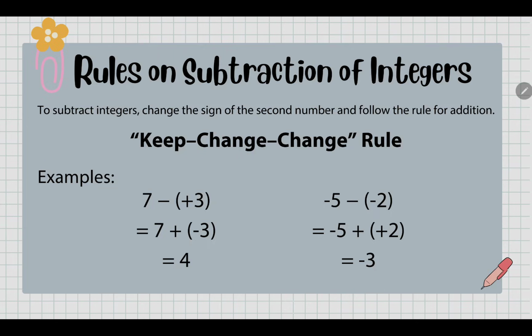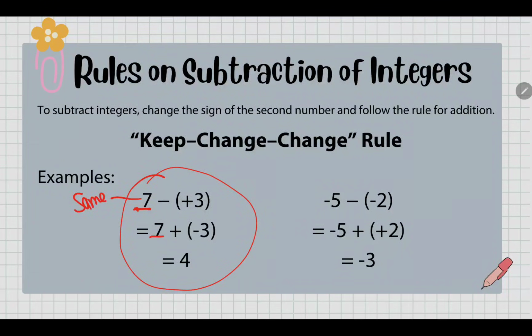Now, here are some examples of how to do the keep change rule. And remember, to subtract integers, we change the sign of the second number and follow the rule for addition. So if we look at the example on the left here, we keep the 7, so that stays the same.